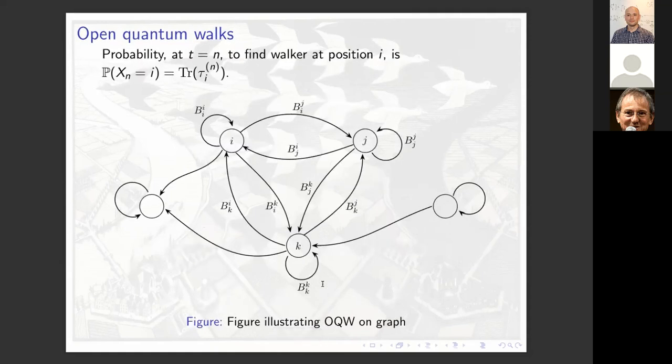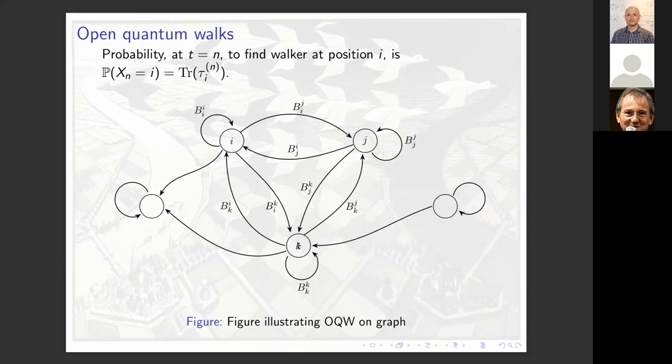And then I've added in a nice picture just to further illustrate what's going on. I've drawn here a bunch of nodes, labeled i, j, and k. I've put in these coin operators to indicate the directions, which way you can jump to which one. For example, if the walker is at site k, then moving to site i is described by this coin operator B_ik.